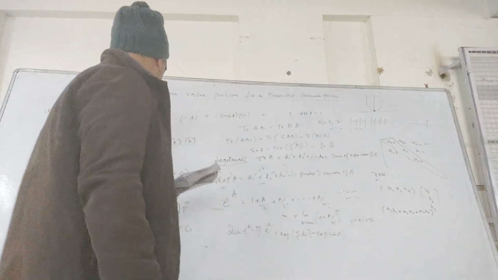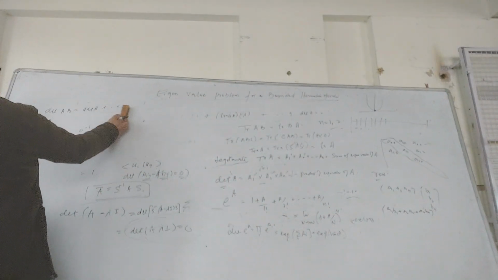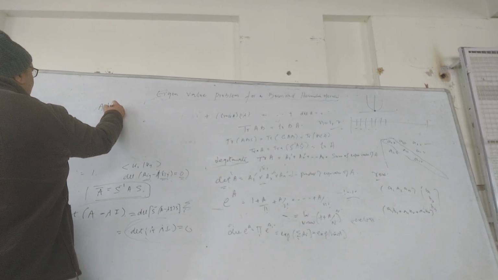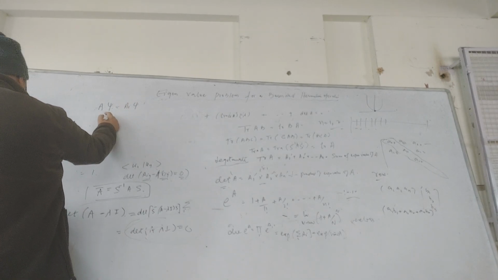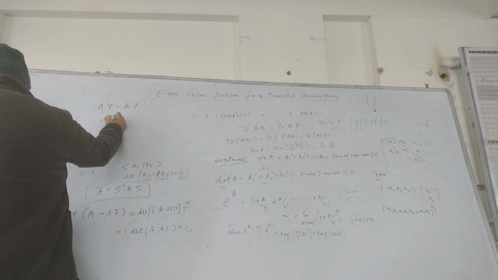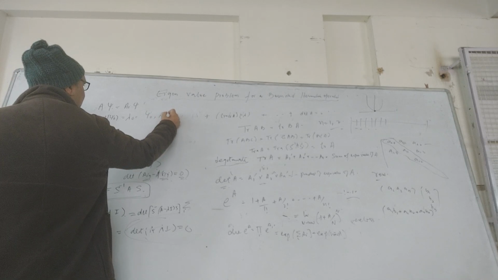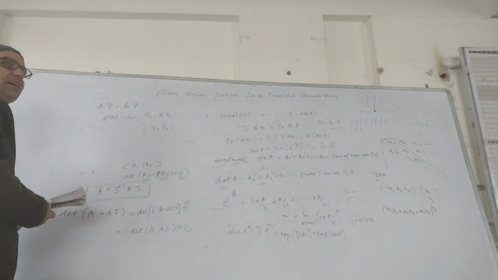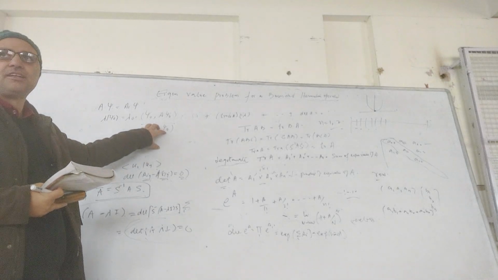Yesterday we said the operator A operating on psi gives lambda psi, and we define lambda naught as psi naught A psi naught divided by psi naught psi. This is the component of that state in the given direction. So psi naught squared will be 1.